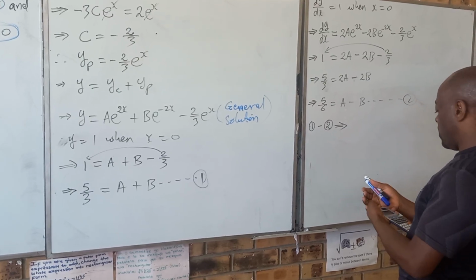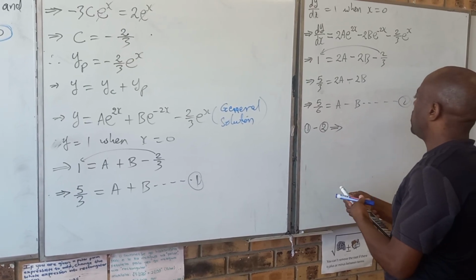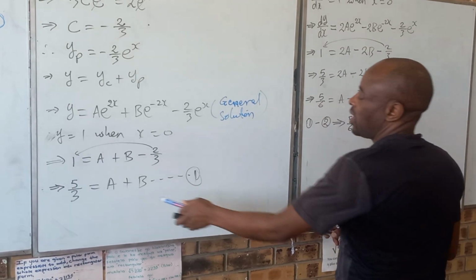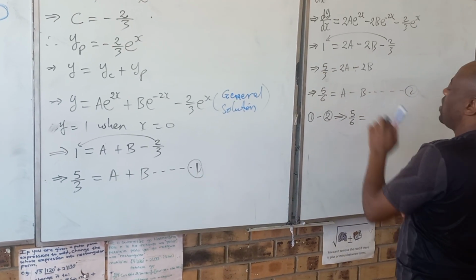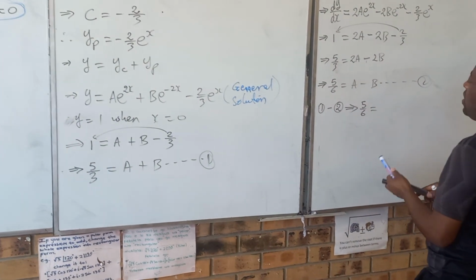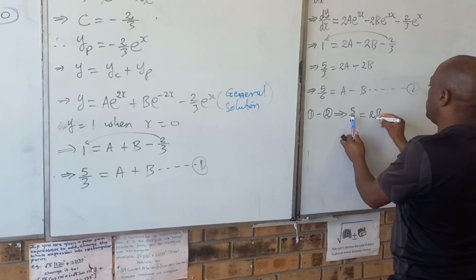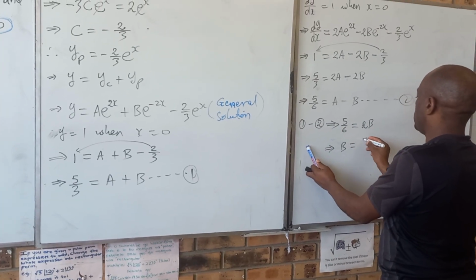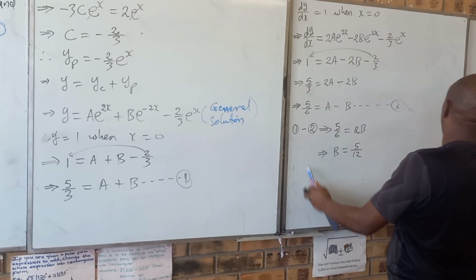That leads me to 5 over 6. On the right, I get A minus A, which is 0, and B minus negative B gives me 2B. If I divide by 2, you will see we have B as 5 over 12.